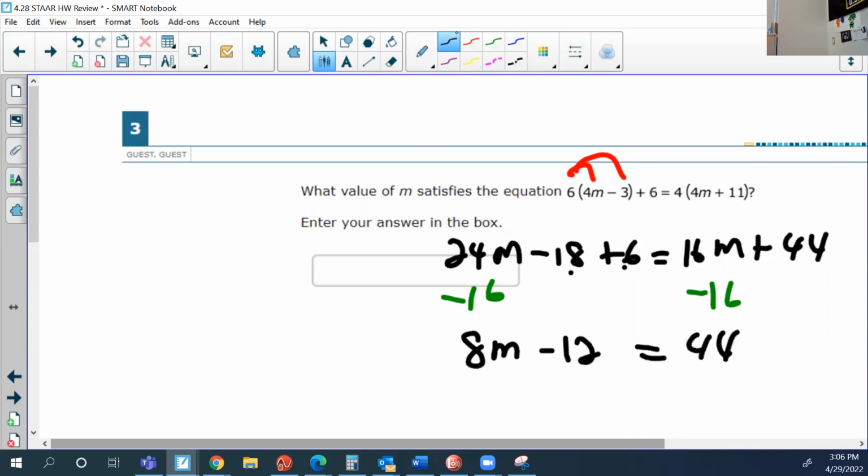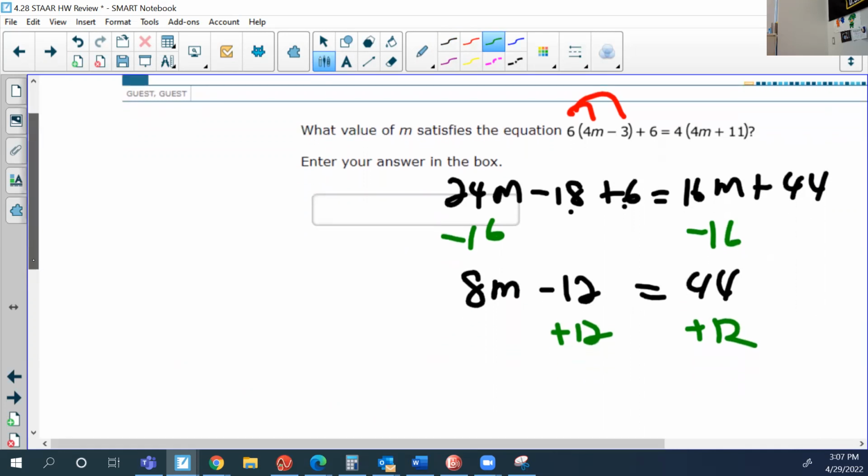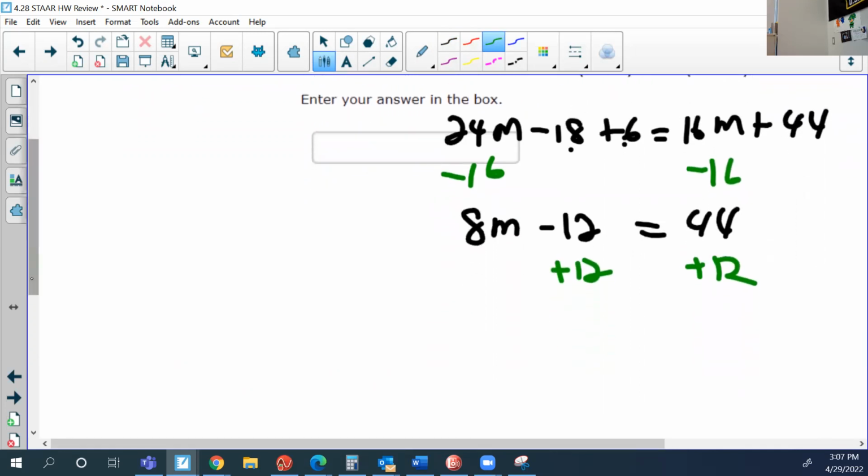And then I'm going to add 12 on both sides. Where's my scroll button? Oh, here we go. And that gives me now 8m is equal to 56.